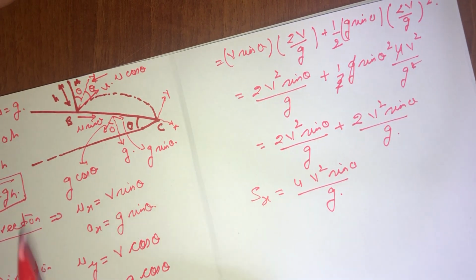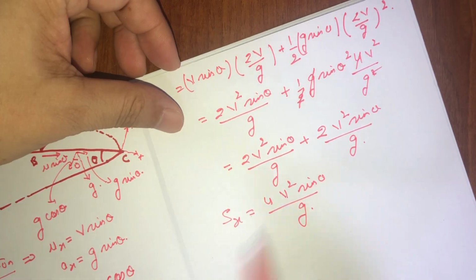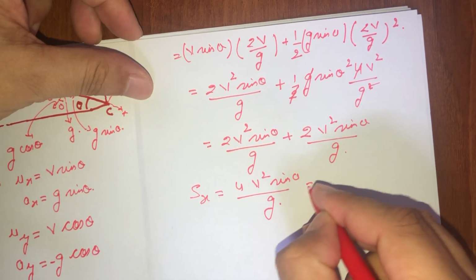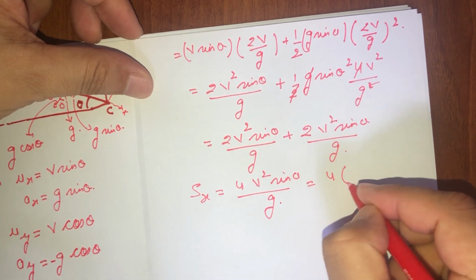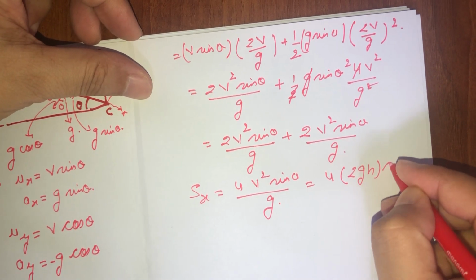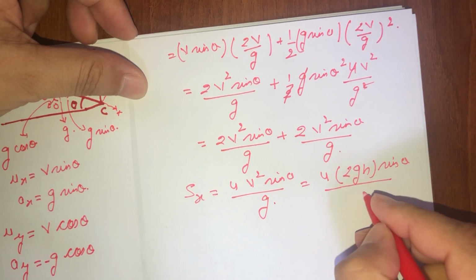and we already know the value of v, which is square root of 2gh. So we substitute here, we get this as 4 times 2gh sine theta upon g.